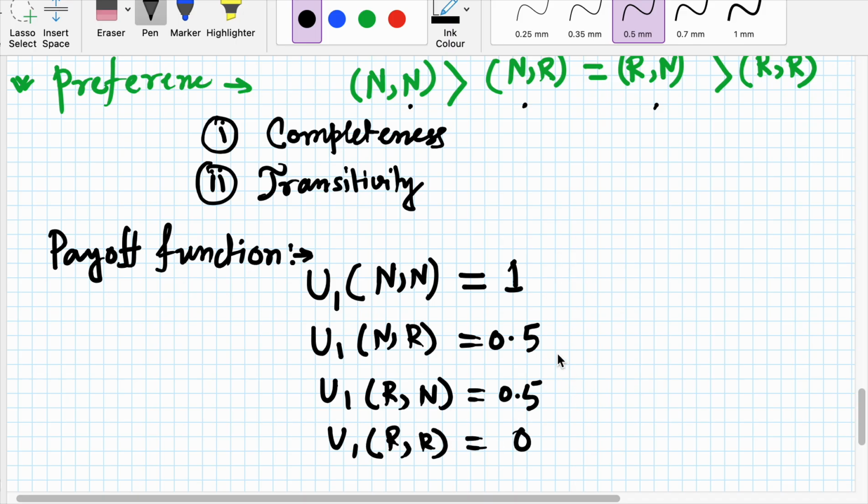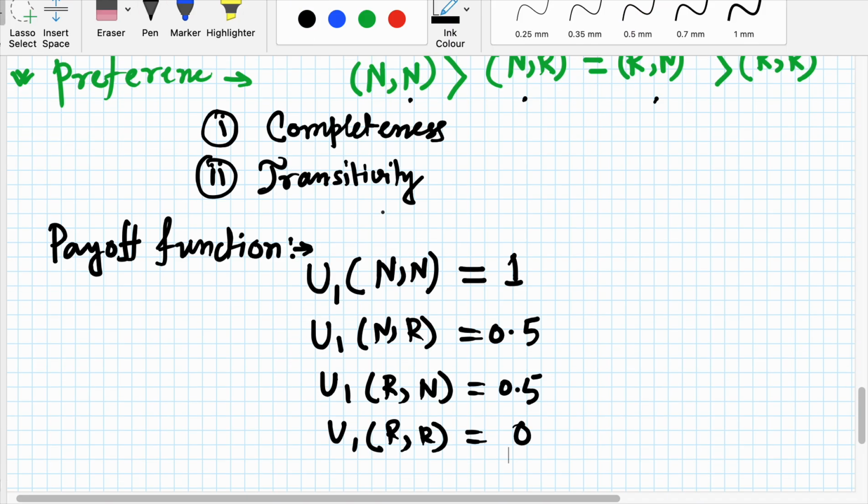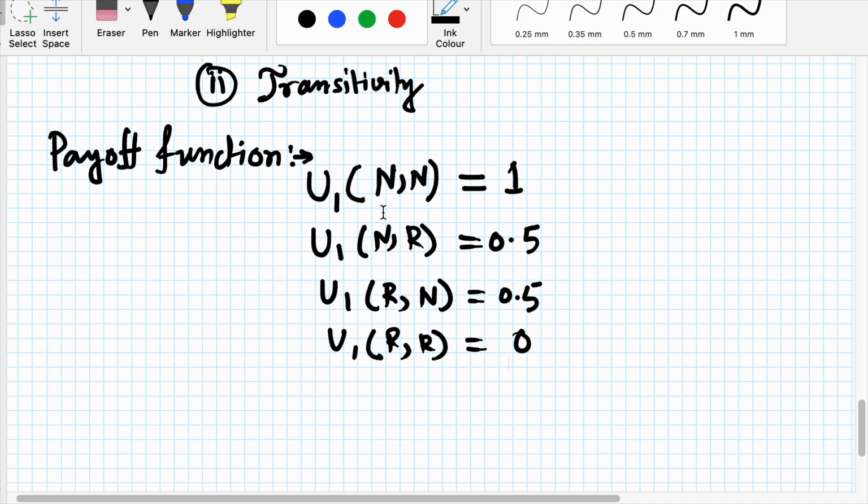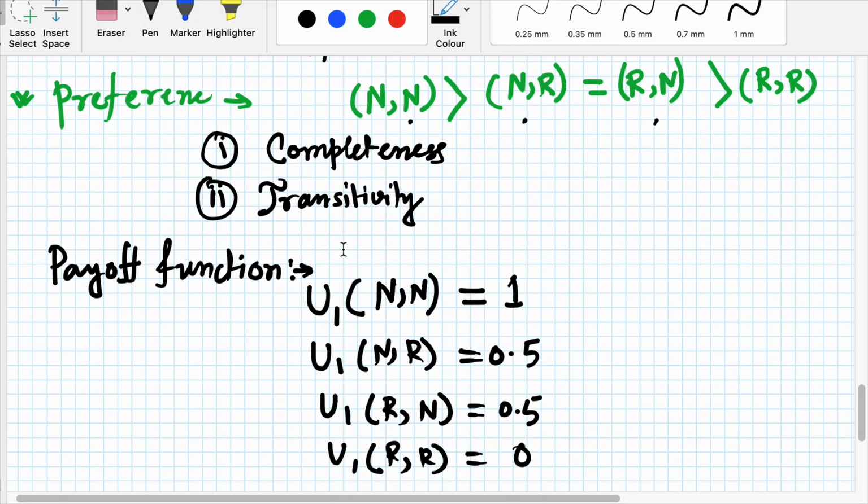You can see that this utility or payoff function represents the preference of player 1, so this is a true utility function.